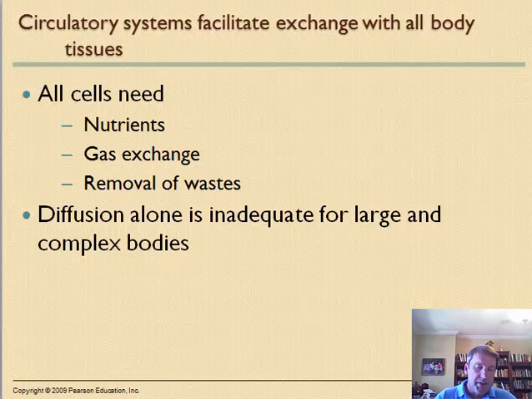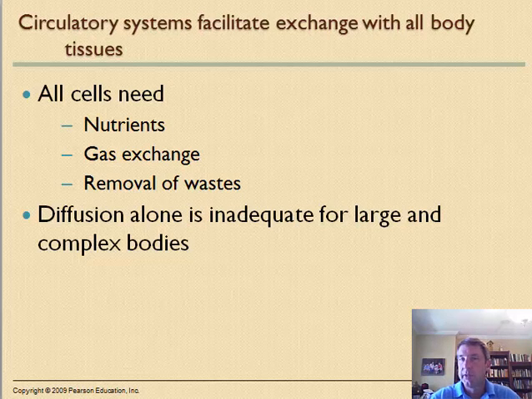Okay, our next system is the circulatory system. The circulatory system basically functions in facilitating exchange through the body. A lot of other systems and organs use the circulatory system as a network or a highway or a passageway to exchange things throughout, like the gas exchange that we looked at in the last chapter.